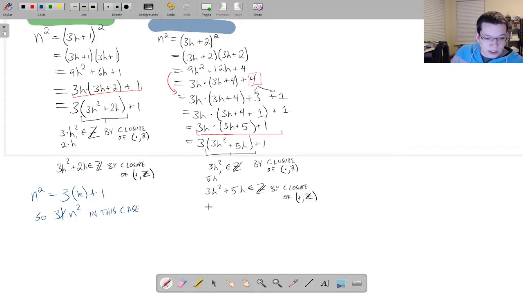So more thought process. n squared equals 3 times some k plus, it's 1 again, plus 1. So 3 does not divide n squared in this case.